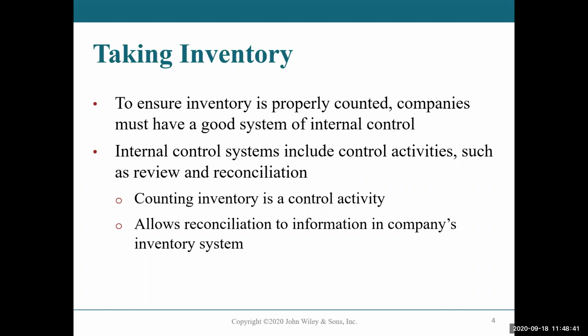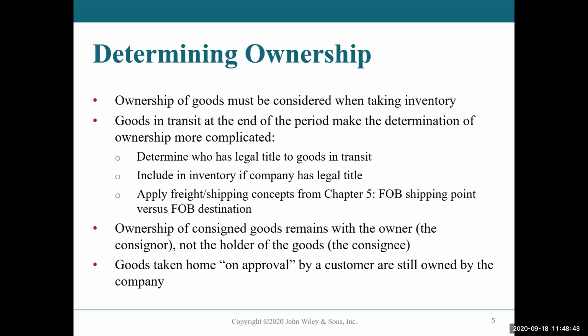Now, when we are looking at the inventory, how do we determine the ownership? Just because you have something sitting at the property does not mean you own it. So the ownership of the goods has to be considered and accounted for when we are taking inventory. Now think of your FOBs: FOB shipping point or FOB destination.